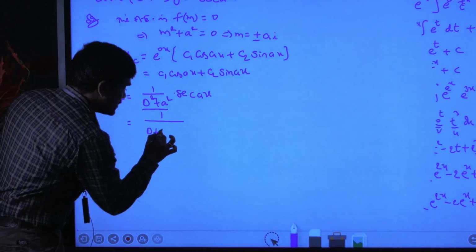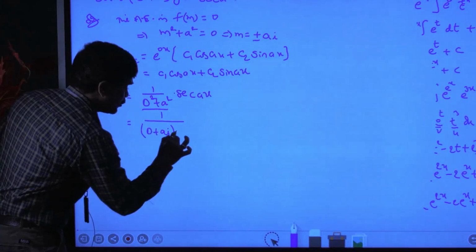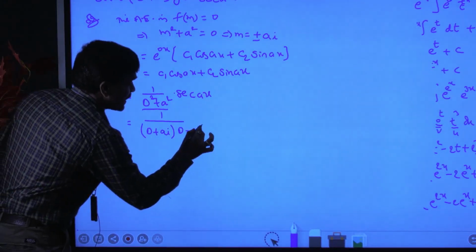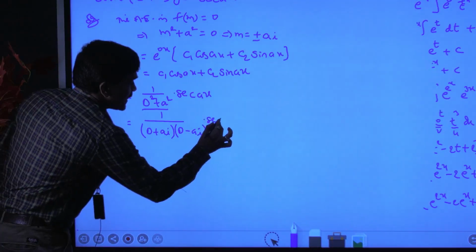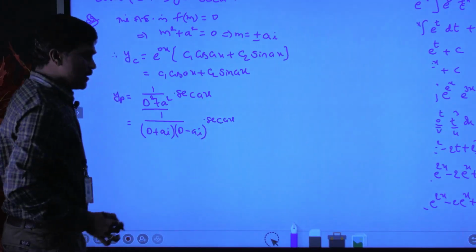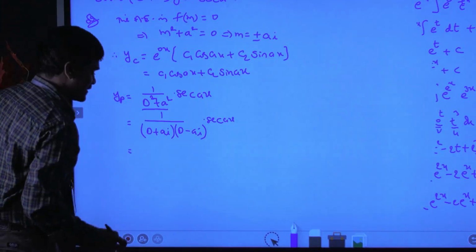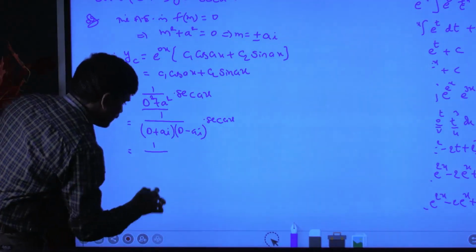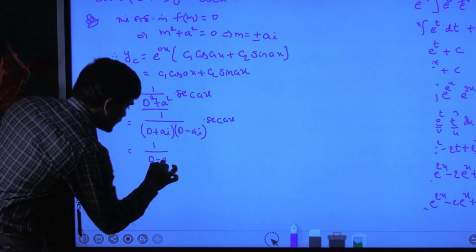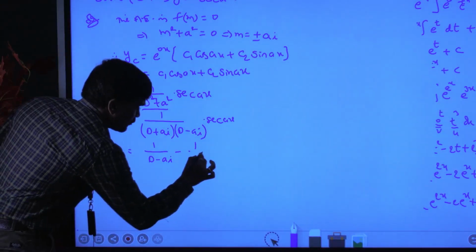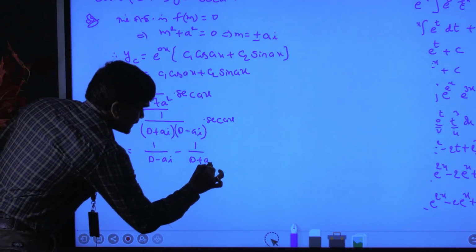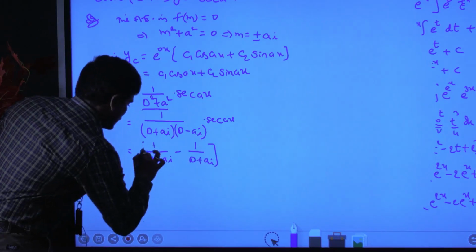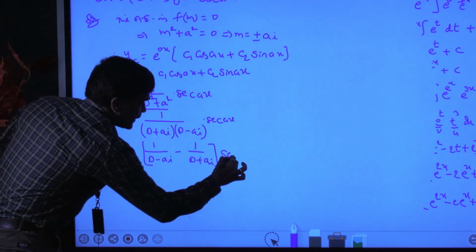This can be written as 1 by (D plus ai)(D minus ai) into secant ax, right? Now convert into partial fractions. So 1 by 2ai into [1 by (D minus ai) minus 1 by (D plus ai)] into secant ax.